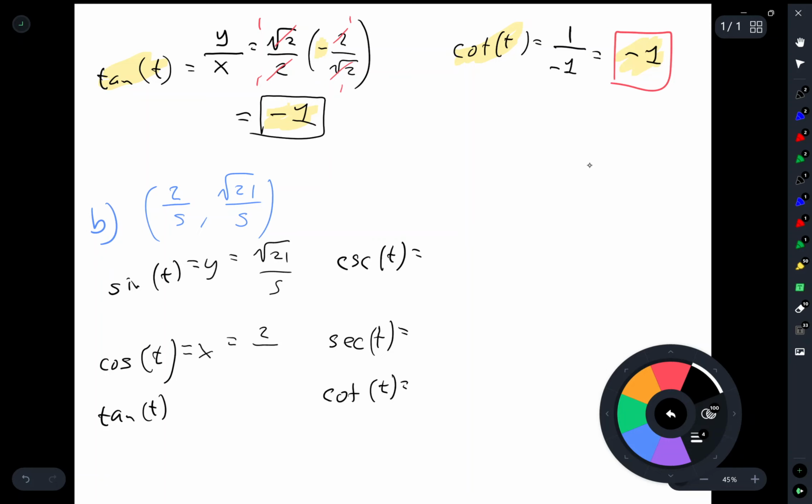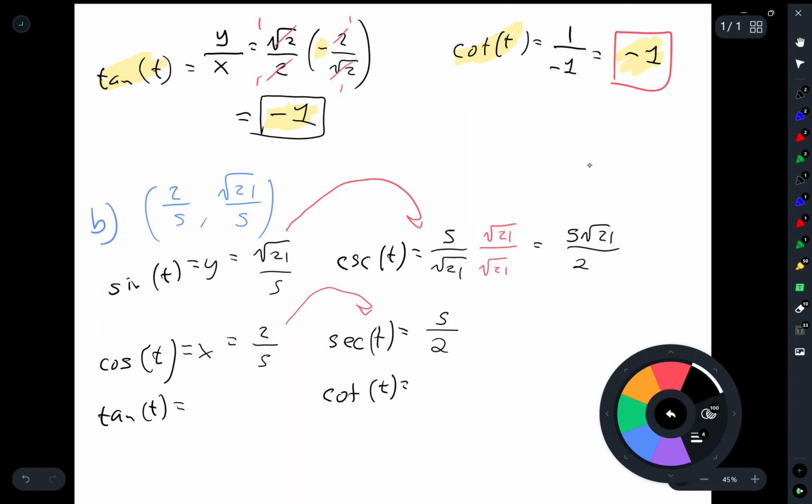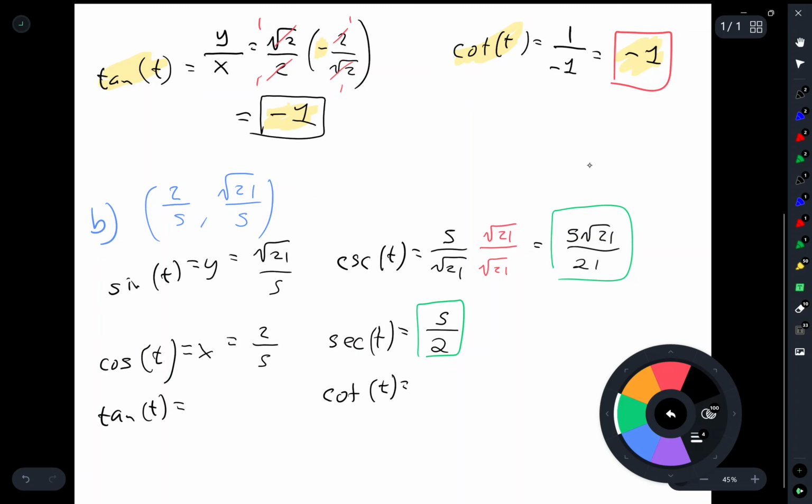So that's really easy. And then cosecant and secant, we can take care of those. Just find the reciprocal, and if necessary, clear out any radicals from your denominators. And that's really it. So I guess I lied when I said that this was algebraically more difficult. It looks actually pretty easy now that we think about it.